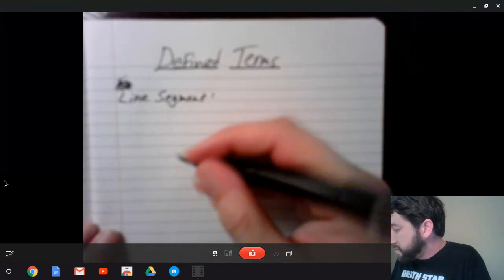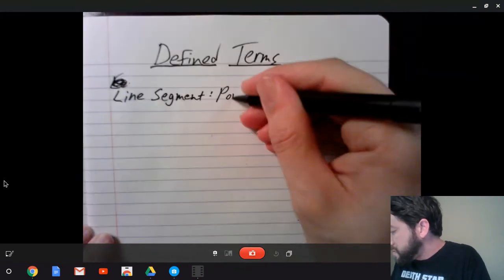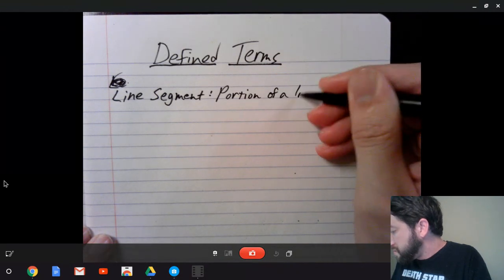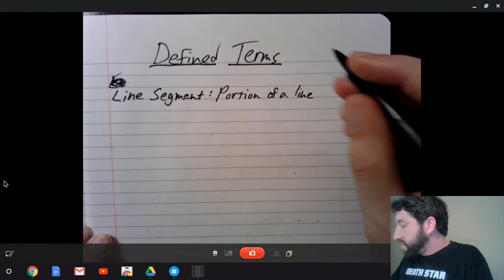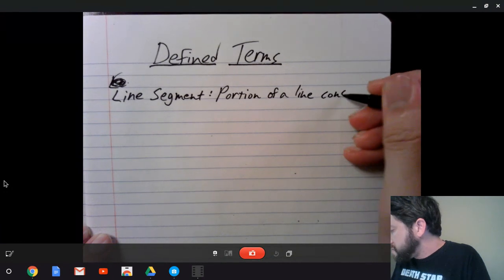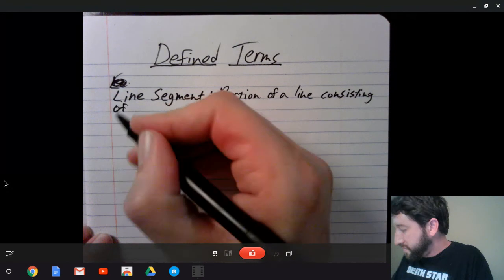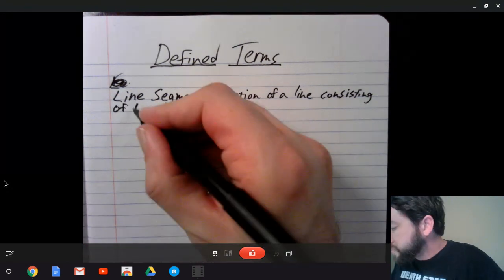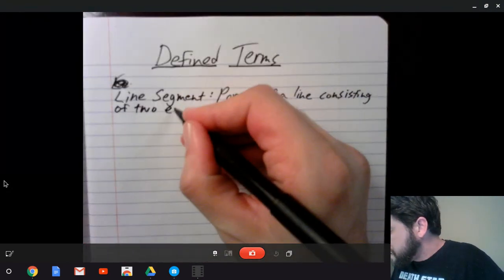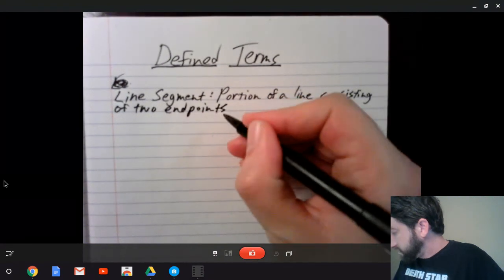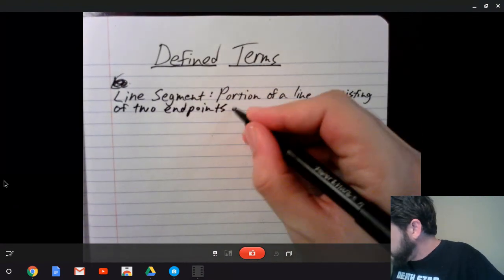A line segment is a portion of a line consisting of 2 endpoints and all points in between.